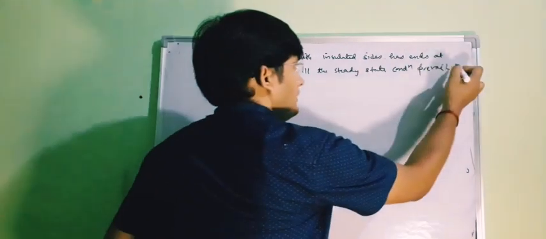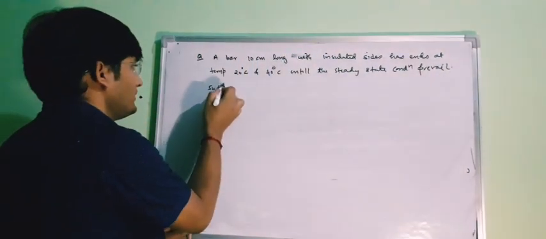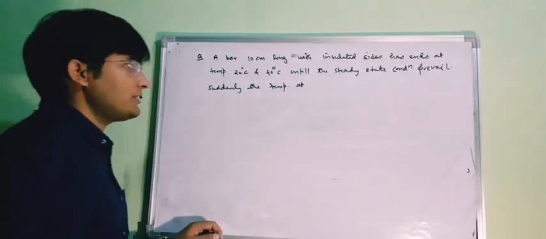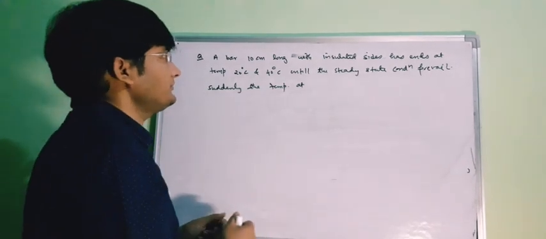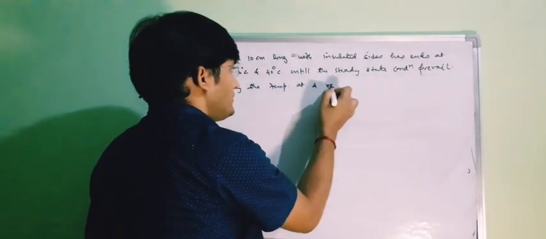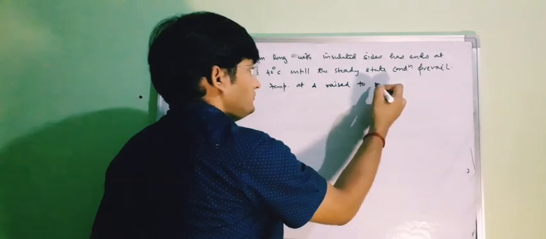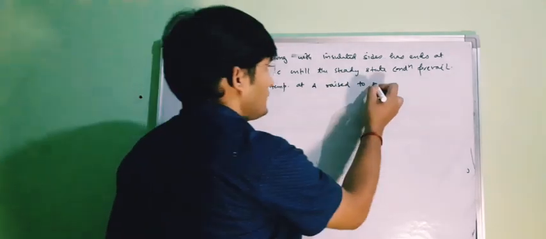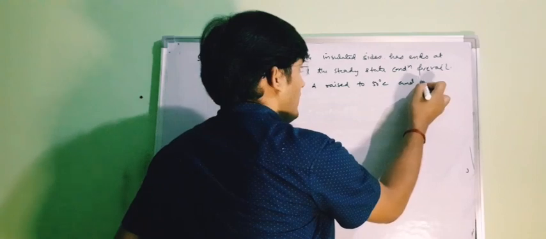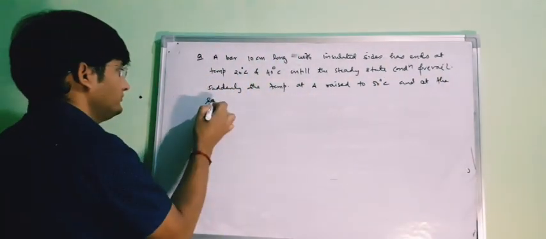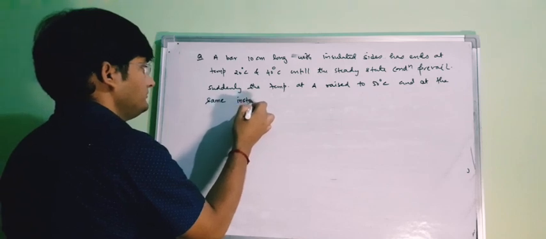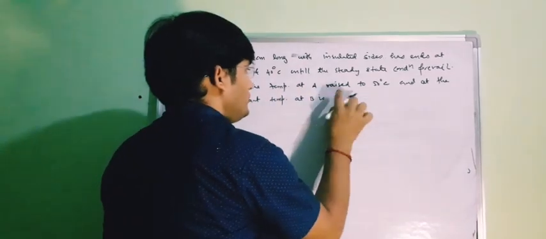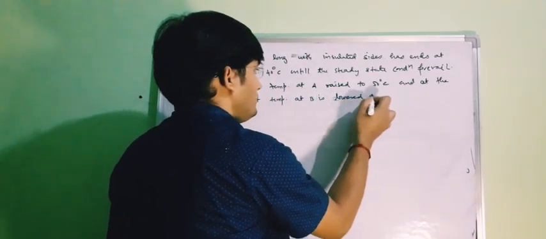Now suddenly the temperature at A, say the first point A, is raised to 50 degrees centigrade, and at the same instant the temperature at B is lowered to 10 degrees centigrade.